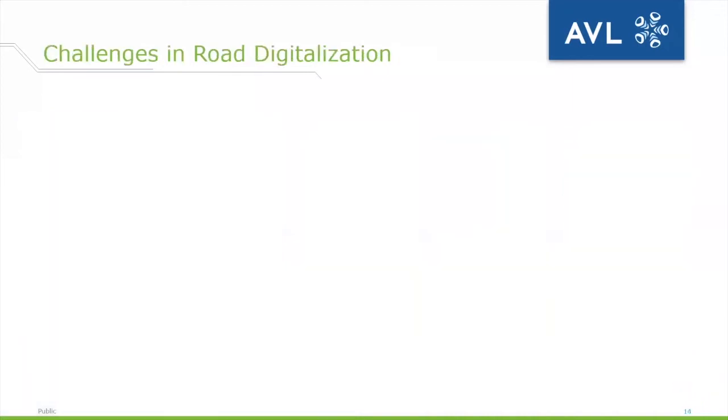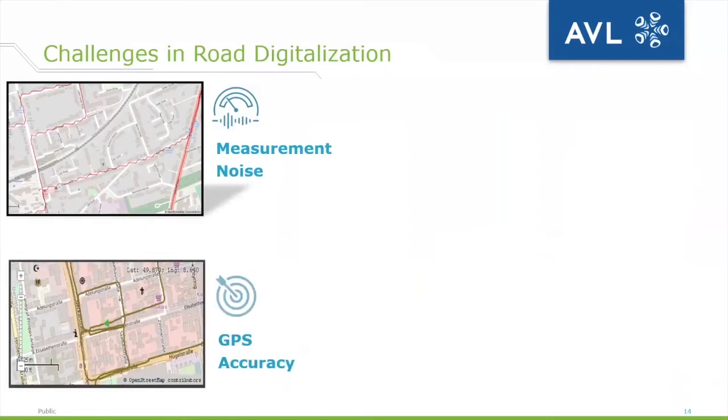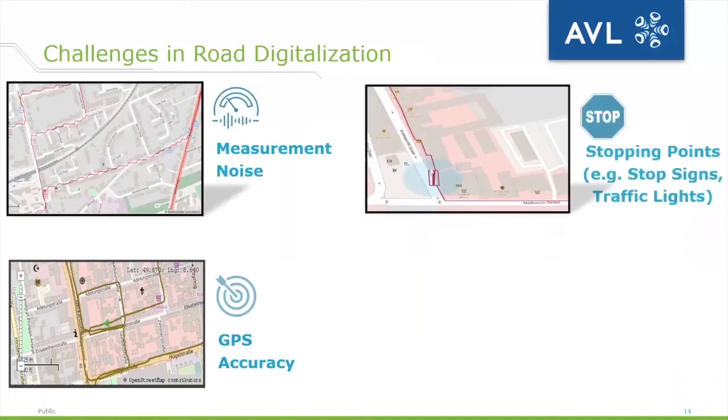Yes, but let's have a look also at the challenges in terms of the road digitalization, as you mentioned in the beginning. So here, one of the challenges we have is the noise that can occur while measuring. So how can we make sure to filter out and avoid this noise and get accurate measurements? On top of that, we also have to deal with the GPS accuracy to make sure that we always have the right position of the vehicle. When the vehicle is stopped due to stop signs or traffic lights, we have to make sure that we don't generate any noise and we have the exact position of the vehicle.